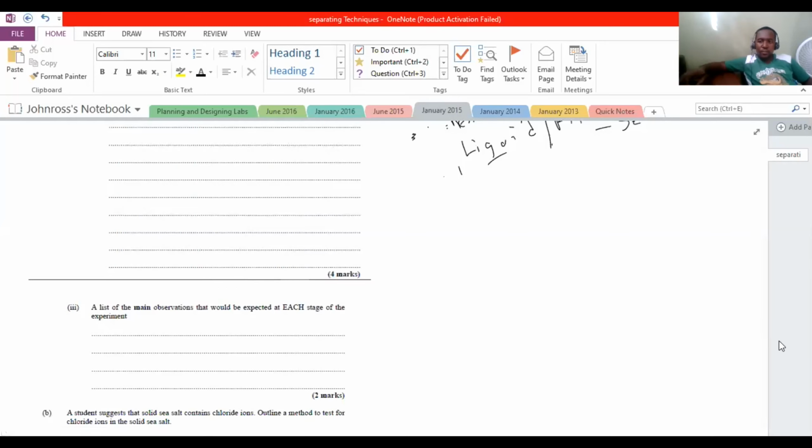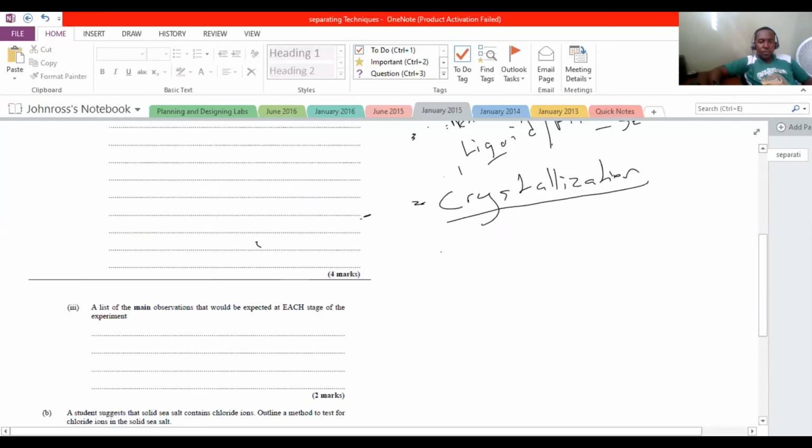So we need to know about crystallization. What do we know about crystallization? It is used to obtain solid crystals from a solution.